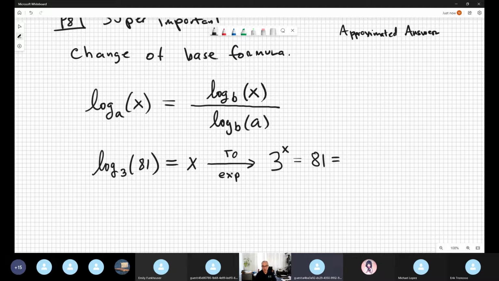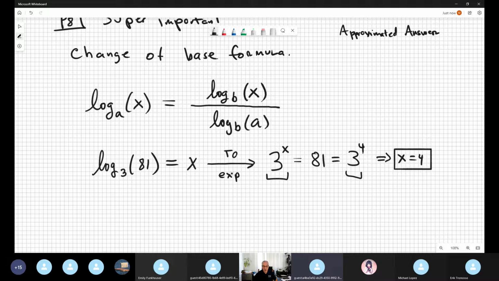I try to express 81 as a power of 3: 3 to the 4th power, because 3 times 3 times 3 times 3 is 81. Now in the exponential the base is the same, so the conclusion is x equals 4. Or by intuition: what is the exponent necessary to raise 3 in order to get 81? Four, end of story.